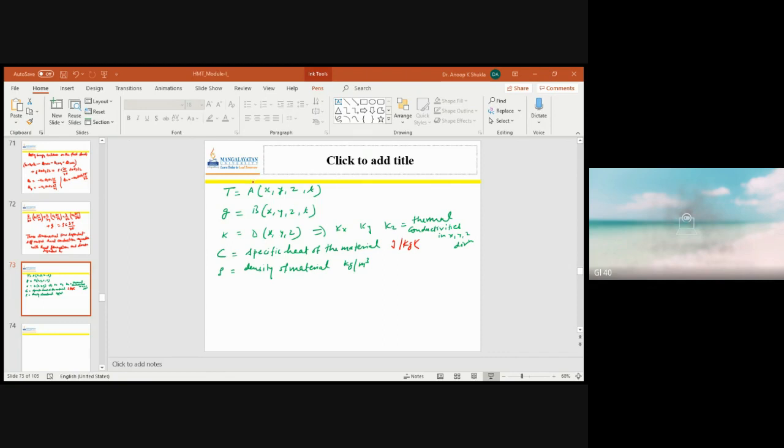Now, when we put this condition in our generalized equation, k becomes constant, so you can take it outside of the bracket.